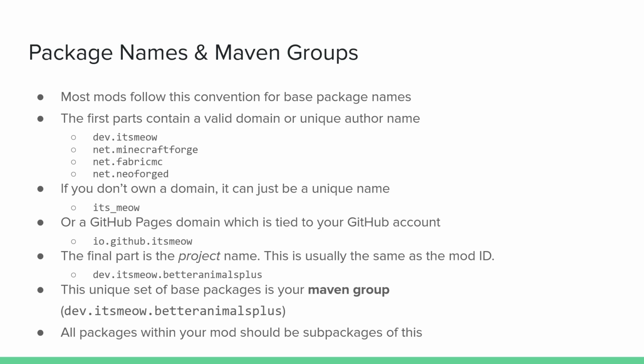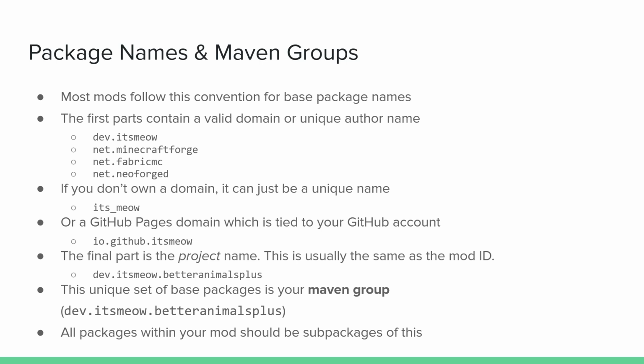Package names and Maven groups. Most Java programs follow this convention for package names. The first part will always contain a valid domain or unique name. Most people do domains, so if you own a domain, it's a good place to put it in there. I own itsmeow.dev, so I use dev.itsmeow. Same thing, like net.minecraftforge, that's a real website.